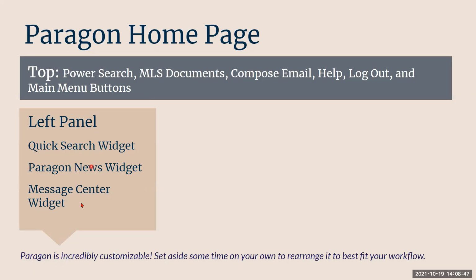And message center is where we, the MLS, can message you. We tend to refrain from using it unless it's some really important stuff. If we do use it, it creates a pop-up when you log in and you see that important message right away.